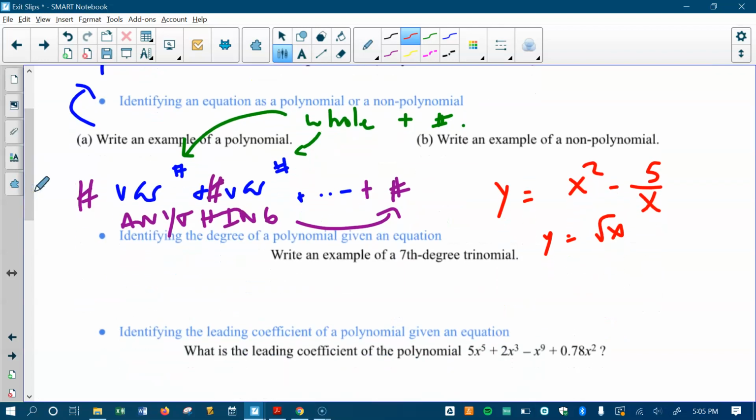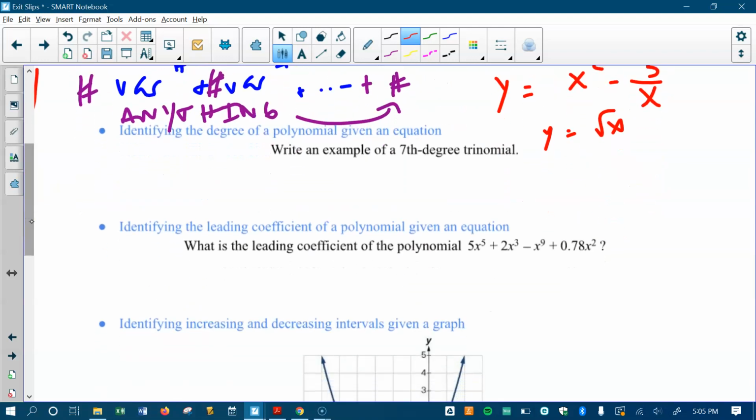So I'll put a note here. Not polynomials if there is a square root of a variable, not allowed, or there's a variable in a denominator. Again, not allowed.